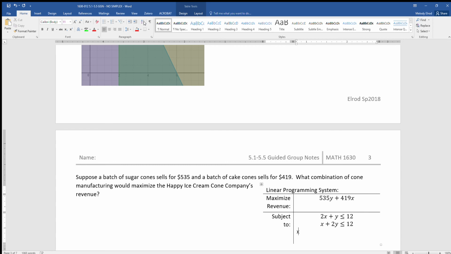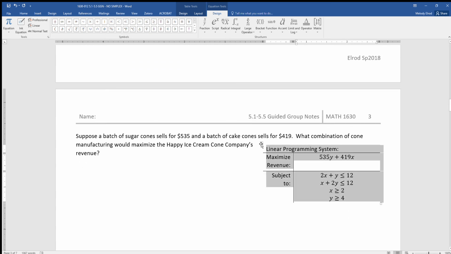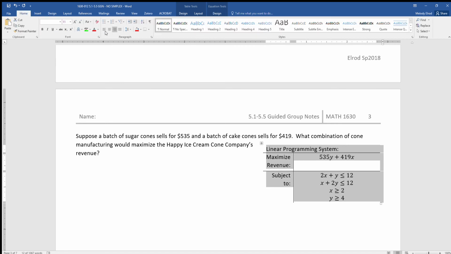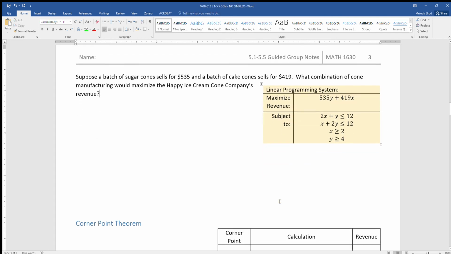I had x greater than or equal to 2, and I had y greater than or equal to 4, right? No big deal. So this is what's known as a linear system, this guy right here. This is really handy, and it helps us to keep things in line. I encourage you to, on a regular basis, go ahead and write out your linear programming system. It's going to be useful.